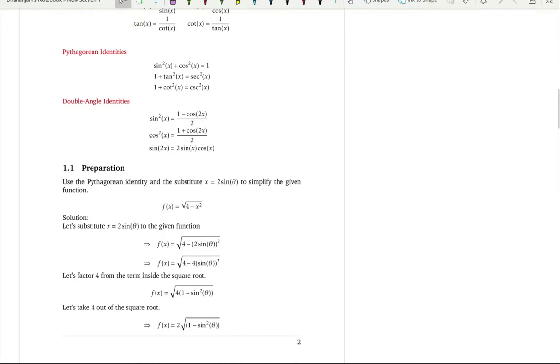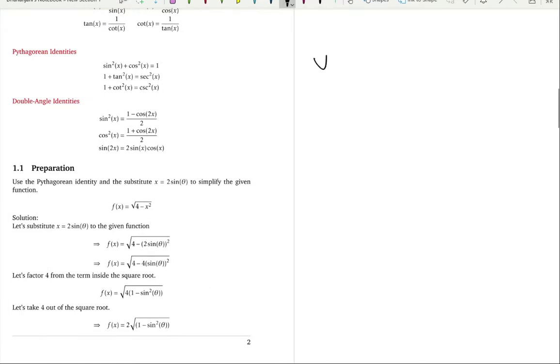Let's see one for example, because simplifying this type of square root is one key step in trigonometric substitution, and I have seen lots of students making lots of mistakes in this key step. So let's learn this correctly and slowly. Alright, so what I'm going to do here is substitute x is equal to 2 sine theta.